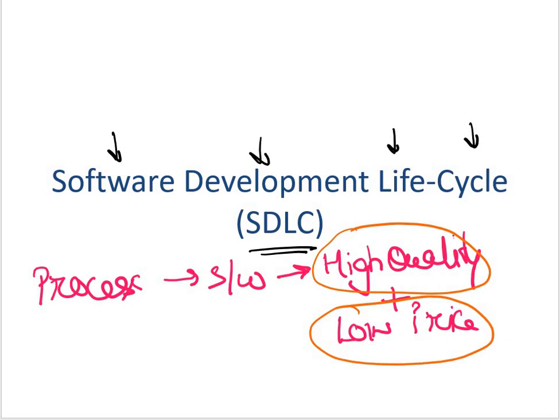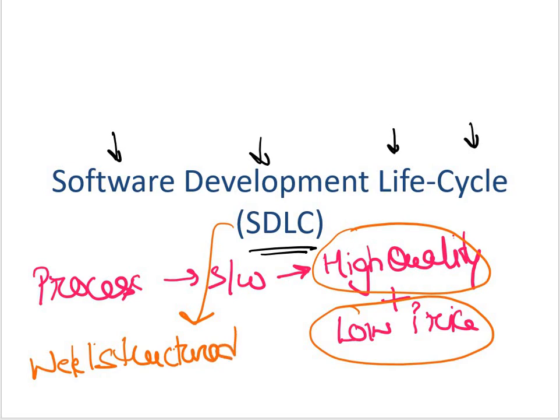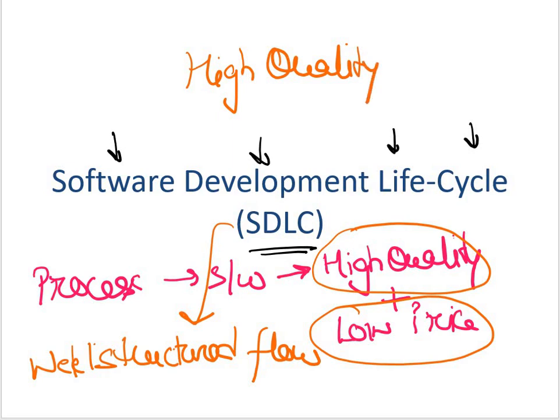So, this SDLC is providing us a very well structured flow for the processes which are involved in order to help an organization to quickly produce a high quality software application, and that's what the ultimate aim is.